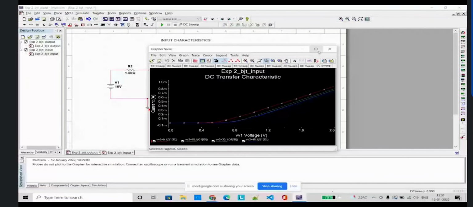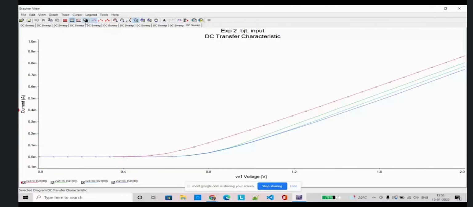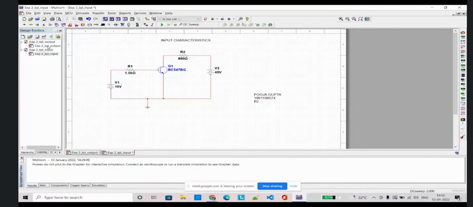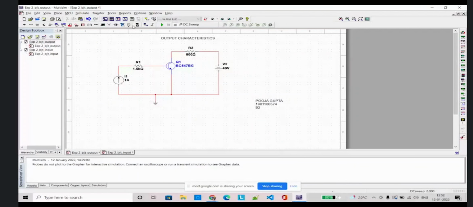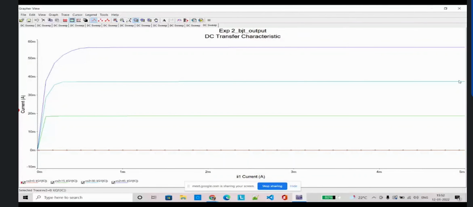Change the background. Export it. What is the output characteristic? Don't export it right now. You will do it at your home. Show me the output characteristics. Change the background.